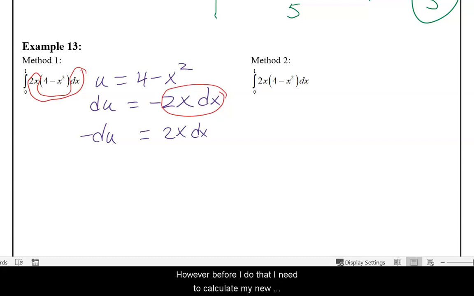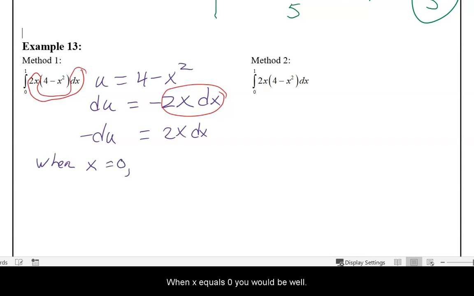Now I'm going to substitute. However, before I do that, I need to calculate my new limits of integration since I'm never going back to x. Again, I like to write the word when because I only ever do that when I'm replacing limits of integration. And it's a good way to key myself in as to what I was doing and why I did it. When x equals 0, u would be, well, 4 minus 0 squared is 4.